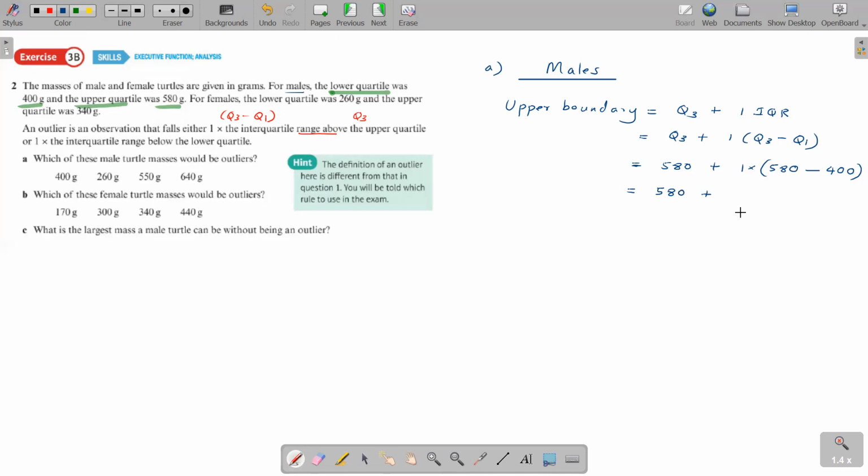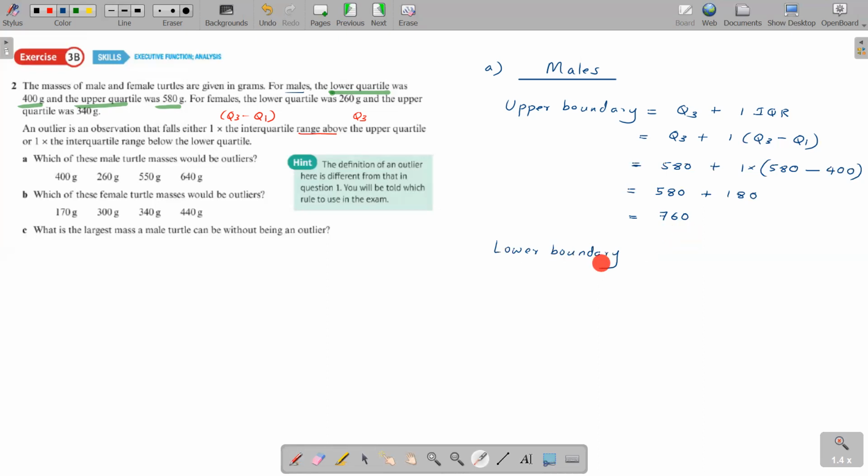How much is the answer? 580 plus (580 minus 400) is? So the upper boundary for the weight is 760. So this is the upper boundary. Remember, when it comes to this upper boundary, any weight that exceeds 760 becomes an outlier.